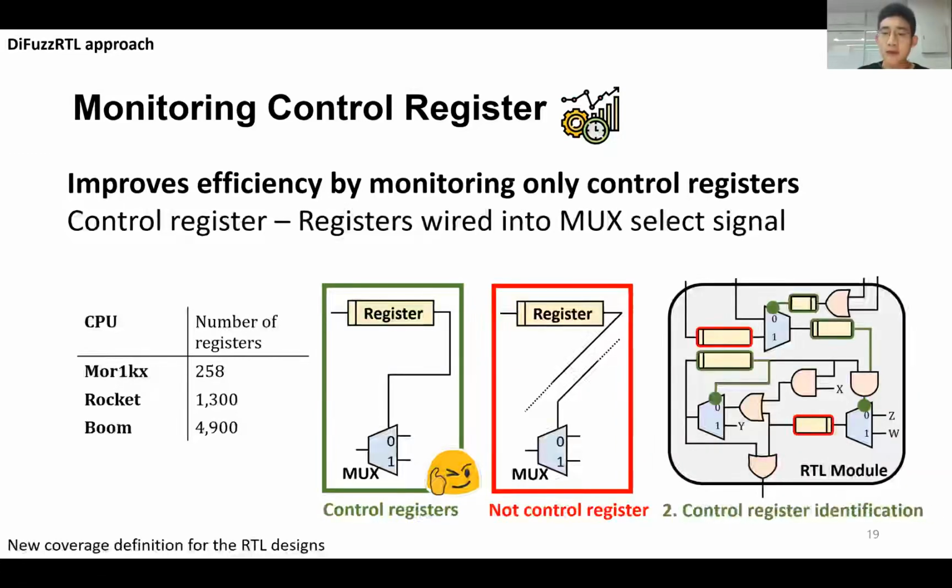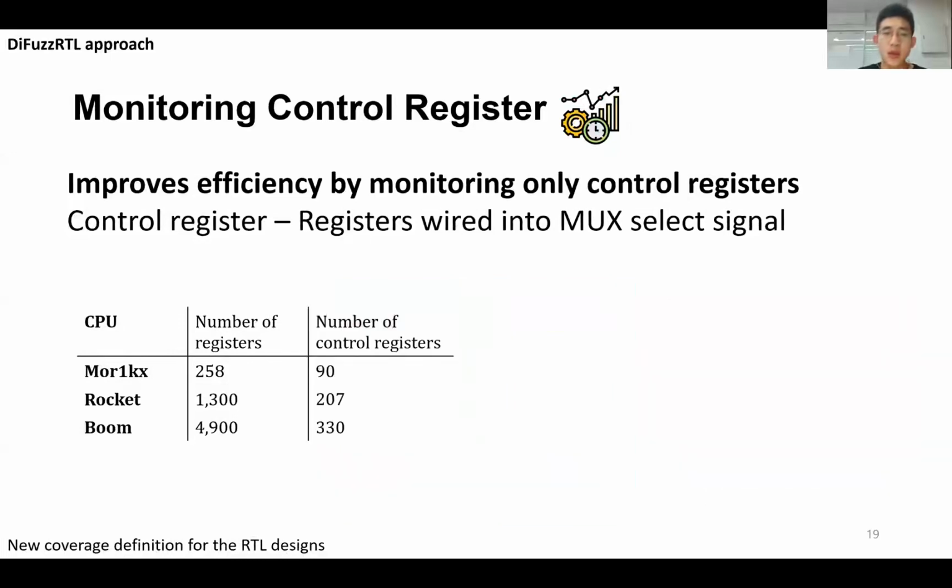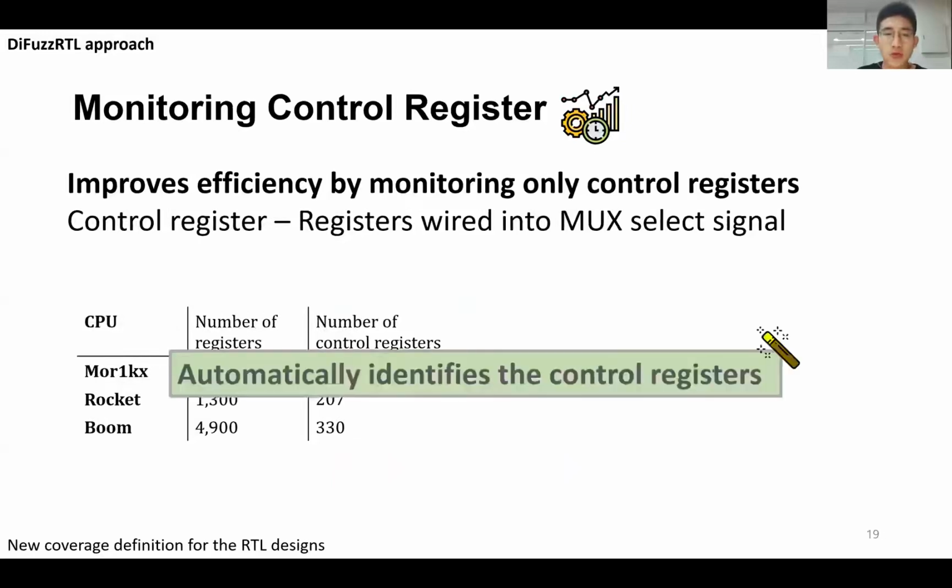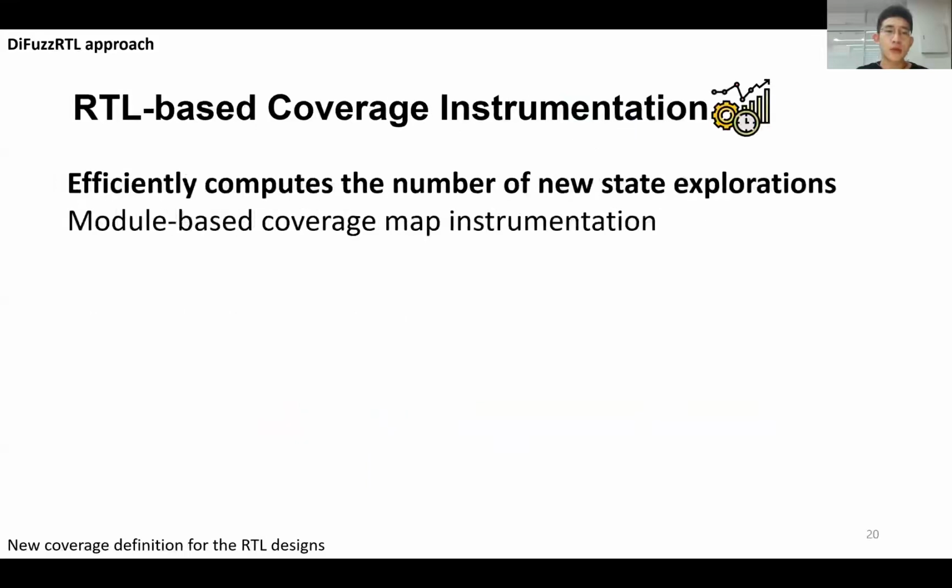Then it identifies all the control registers by performing backward tracing of the wires. With the help of this analyzer, we were able to reduce the number of monitored registers to at most 1 out of 10. We also want to note that our analyzer is fully automated to identify all the control registers.